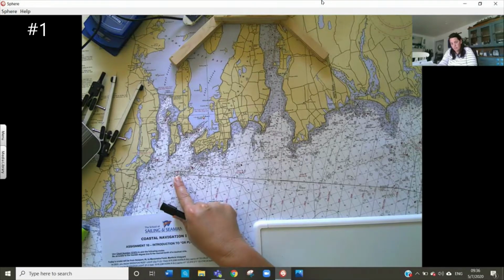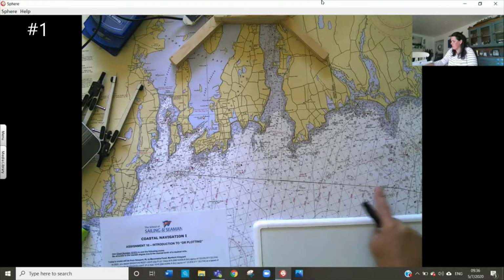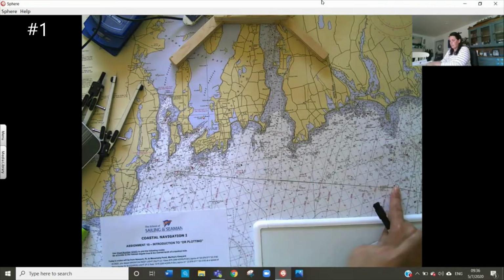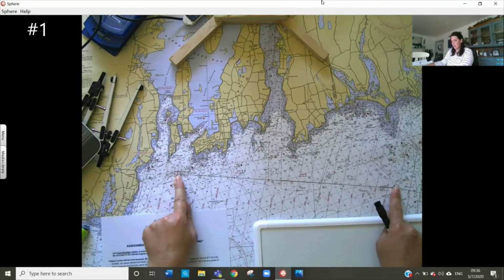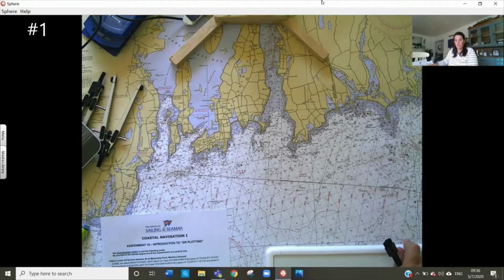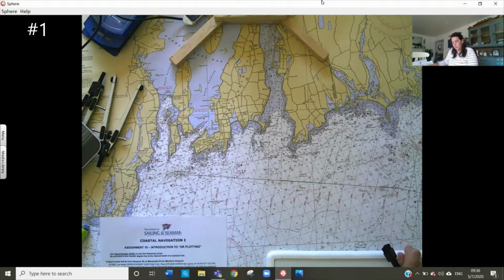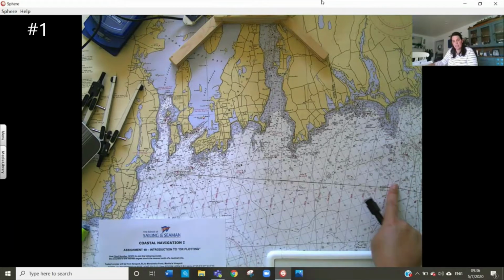It gives us a position and set a course for Buzzard's Light at a speed of 6.5 knots. So here's Buzzard's Light. I've connected the two, drawn a line, and it told us our speed was 6.5 knots.